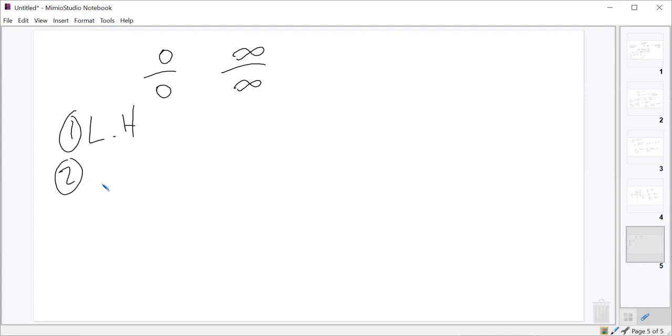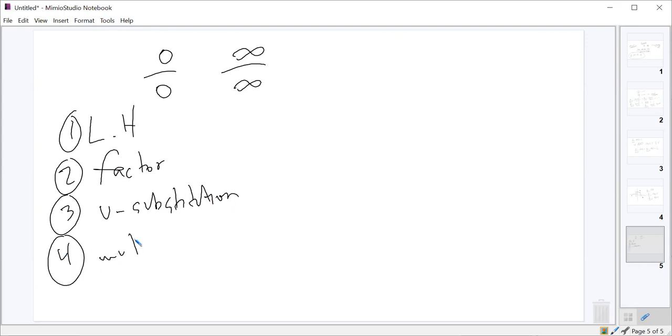So that's first thing. But sometimes you can factor. It's one way to deal with one of these indeterminate limits. You can also do a U substitution. You can also multiply by the conjugate if you need to, if L'Hopital's rule isn't working out, if it gives you an infinite loop.